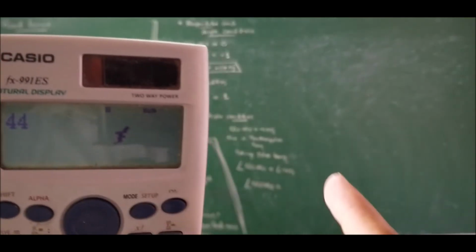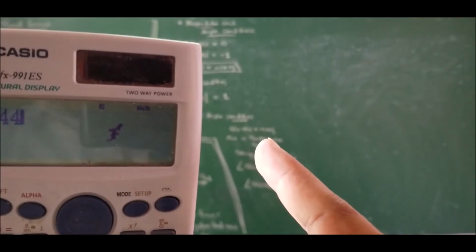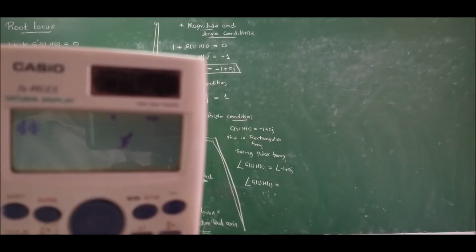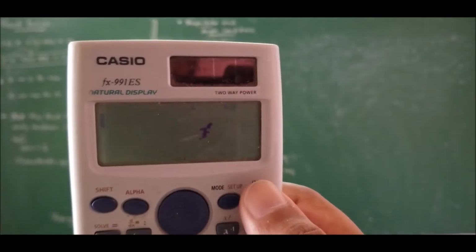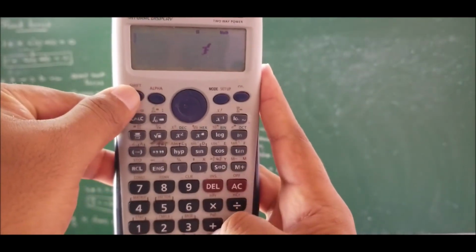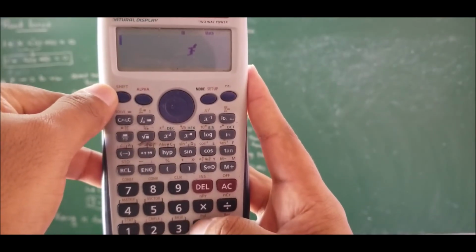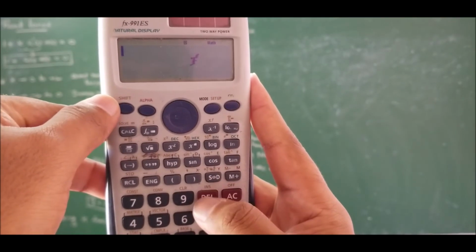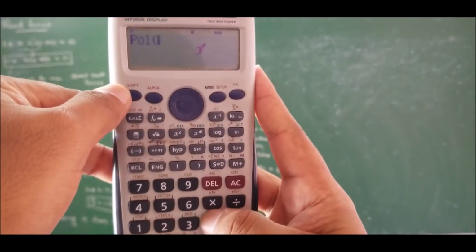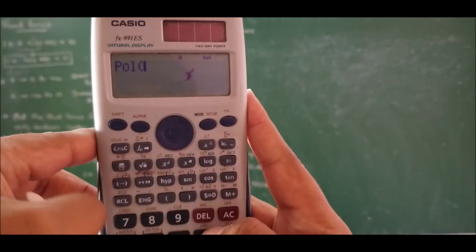See, there we have the rectangular form as minus 1 plus 0j, correct? So therefore, what should I do? I should go for shift polar form. You can see here POL, pole. So shift polar form I want. Inside that you should type the rectangular form.